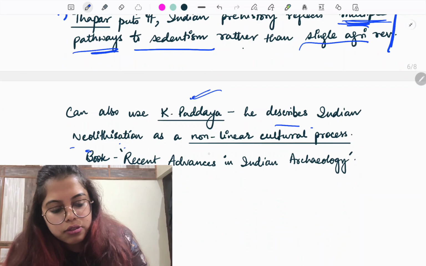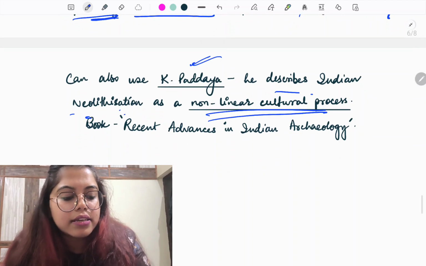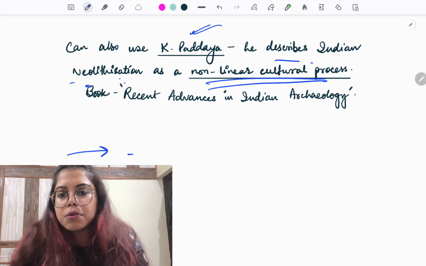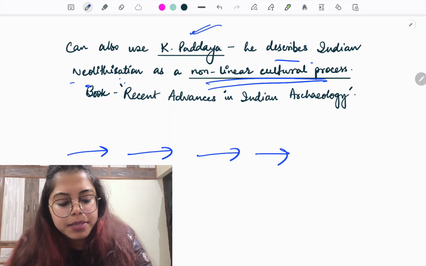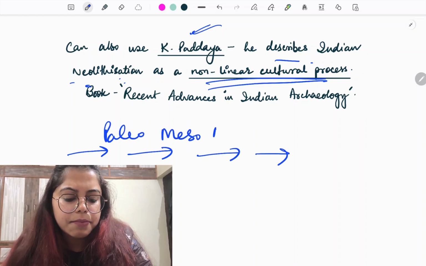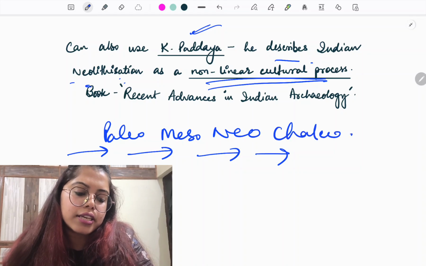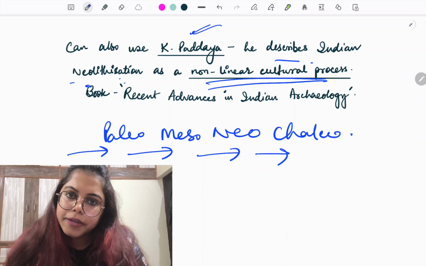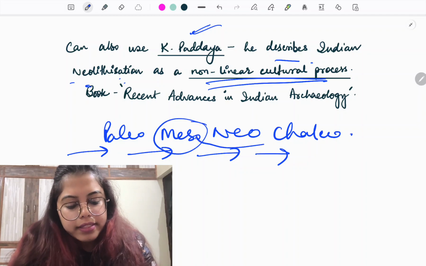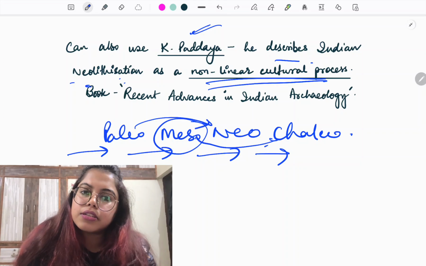K. Paddayya has also said, he describes Indian Neolithization as a non-linear cultural process. What is the meaning of linear? Before non-linear, we have to understand what exactly linear means. Linear means one thing following chronologically another. For example, Paleolithic following Mesolithic, following Neolithic, following Chalcolithic. लेकिन we can see in some Neolithic sites of India that this Mesolithic period continues even up to the Chalcolithic age.